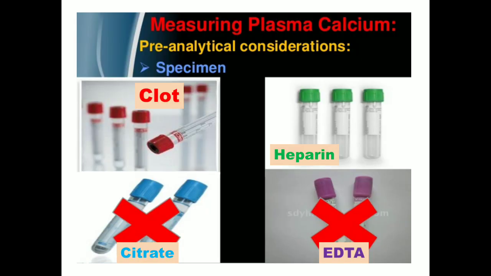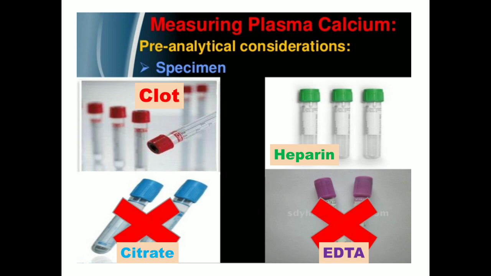Now finally, how you collect the sample, the specimen collection. Commonly we measure calcium in serum, so we collect clotted blood. But if we have to measure it in plasma, the only anticoagulant you can use is heparin. So heparinized blood you can use, but you can never use citrate or EDTA, because you can easily understand citrate and EDTA are negatively charged and they act as anticoagulants by binding with calcium.